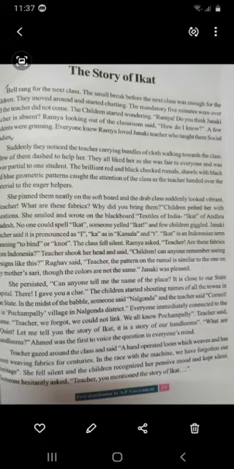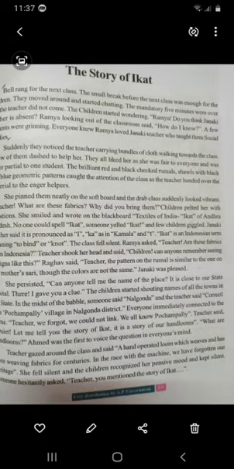The children started to tell the names of the towns near to Hyderabad. In the midst of the babble, what do you mean by babble? Babble means hubbub.